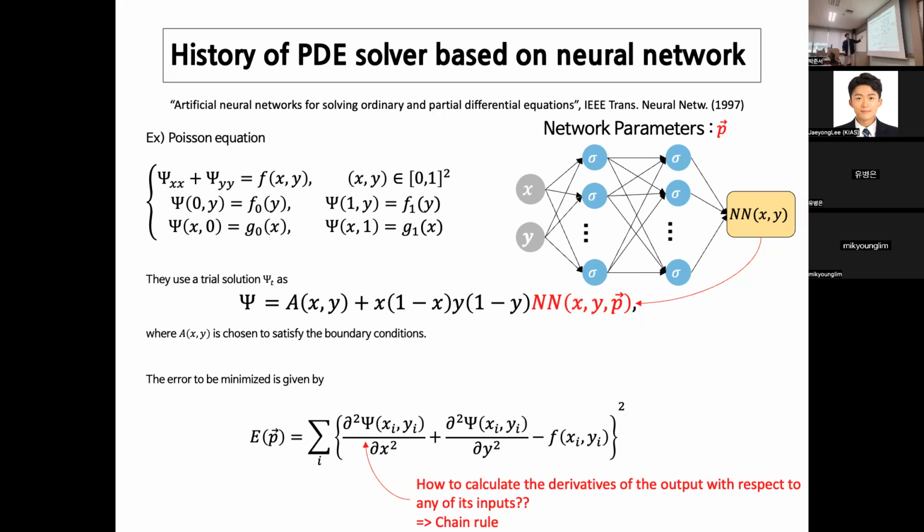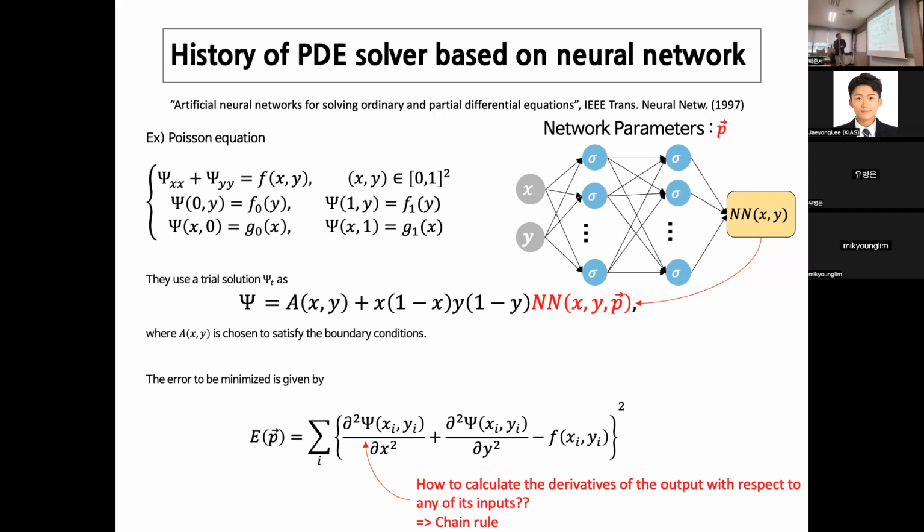So they said that if we have this direct neural network parameterization, then we can calculate the derivative using the chain rule, because if we want to differentiate this one with respect to this one, then we can calculate this derivative with respect to the weight or parameters, and also we can calculate this output with respect to this output. Also, we can calculate the derivative term of this output with respect to this x, y. And they just use the chain rule to calculate this derivative term.